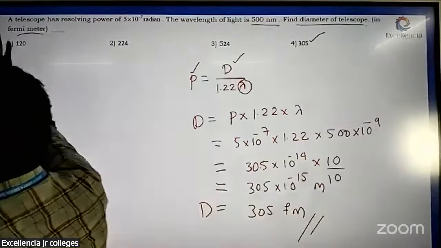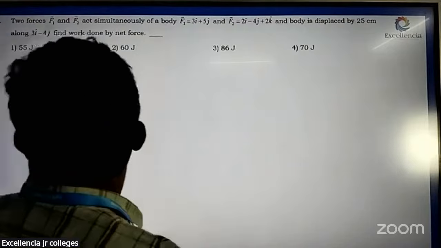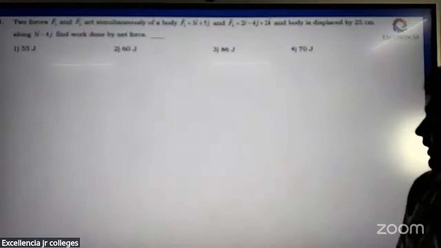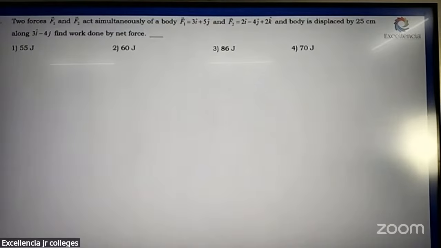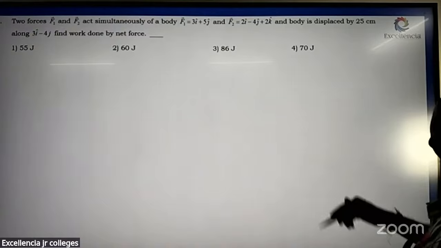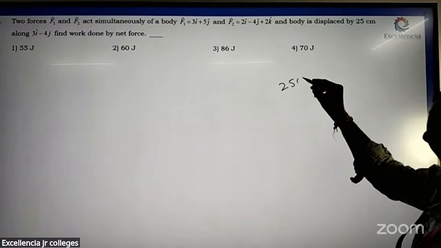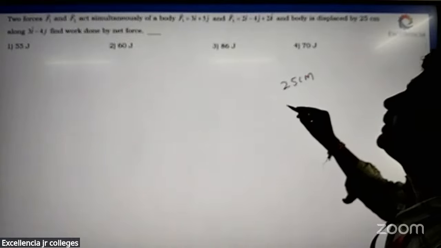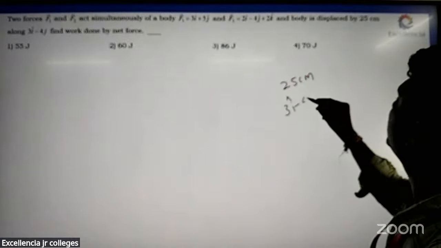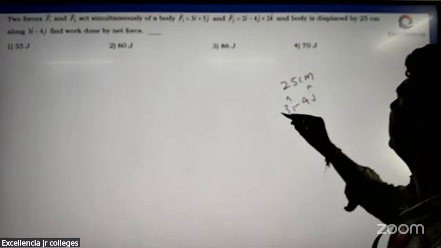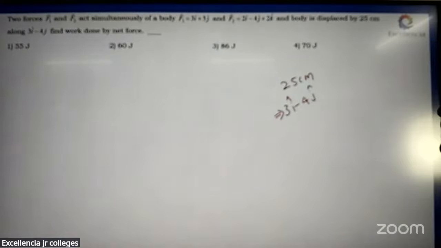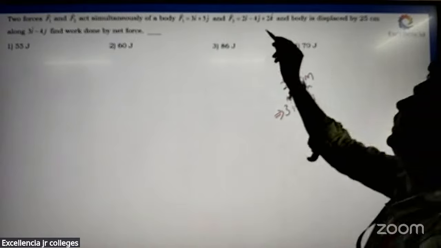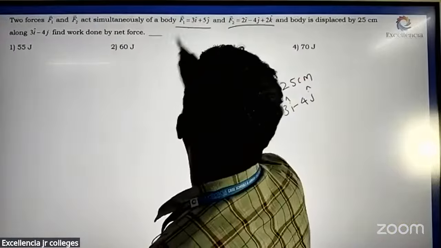Now the next question will be this. Two forces F1 and F2 act simultaneously on a body. They have given the F1 value and F2 value, and the body is displaced by 25 centimeters along the direction 3 i cap minus 4 j. That means they have given a vector direction and the forces F1 and F2.